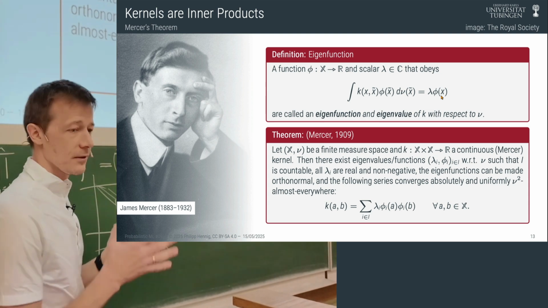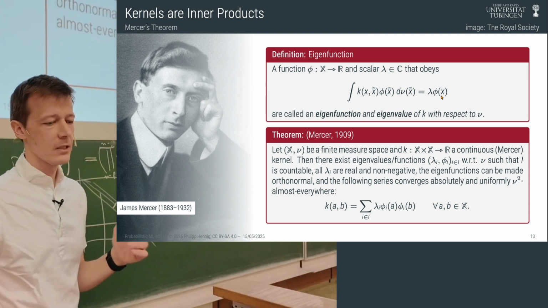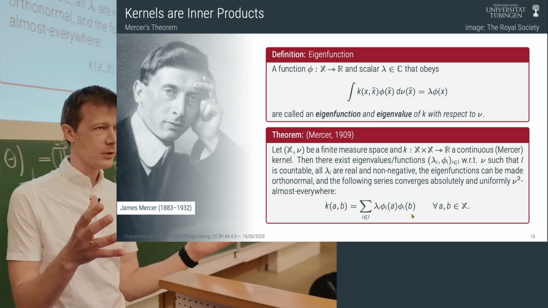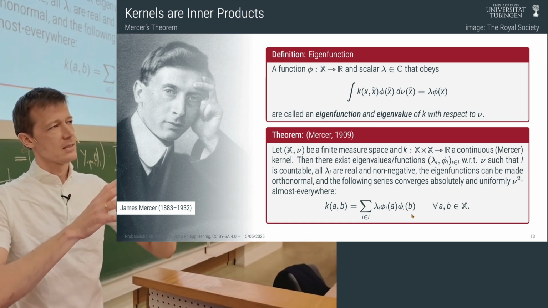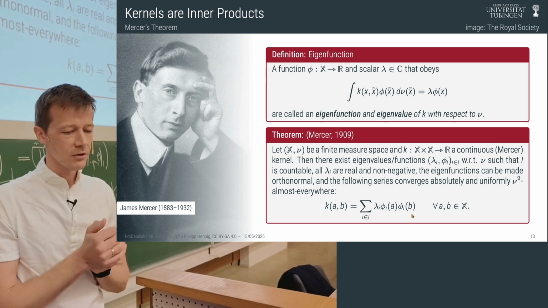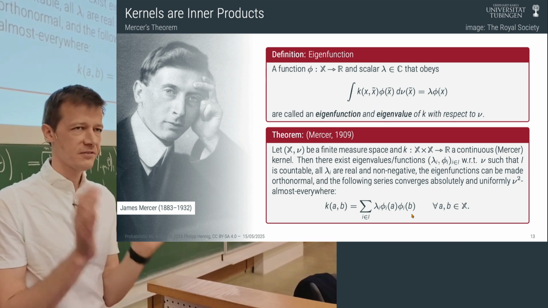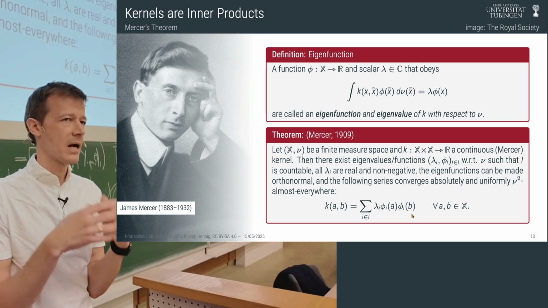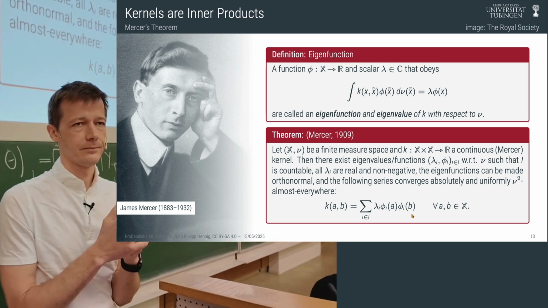And there is a corresponding theorem, Mercer's theorem, to the one on the previous slide, that says just like you can write a matrix as being generated by its eigenvectors, you can write any positive definite function, any kernel, as being generated by its eigenfunctions.